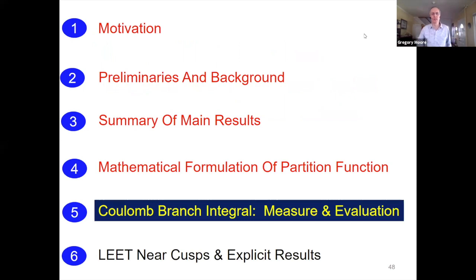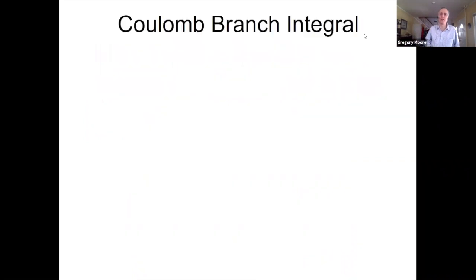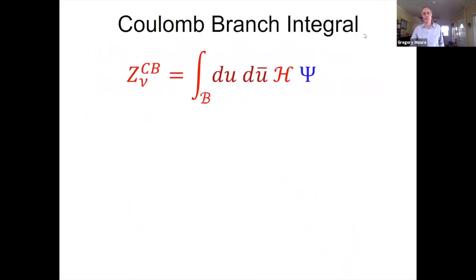So you see, the story starts with what's called the Coulomb branch integral. So the partition function on a compact manifold will be equal to a sum over all the vacua. In particular, we need to integrate over the Coulomb branch of vacua. So we'll have an integral, and it turns out to have this form. B is the Coulomb branch.